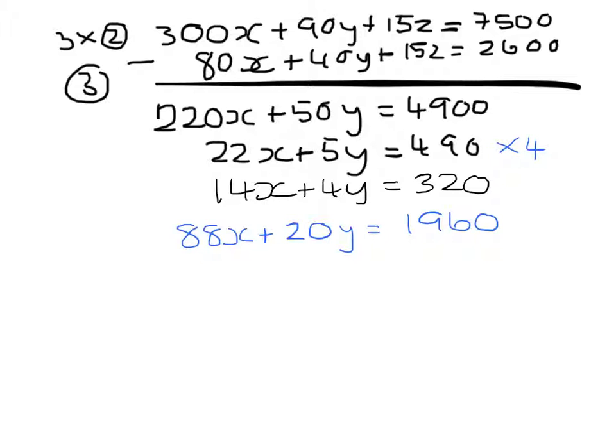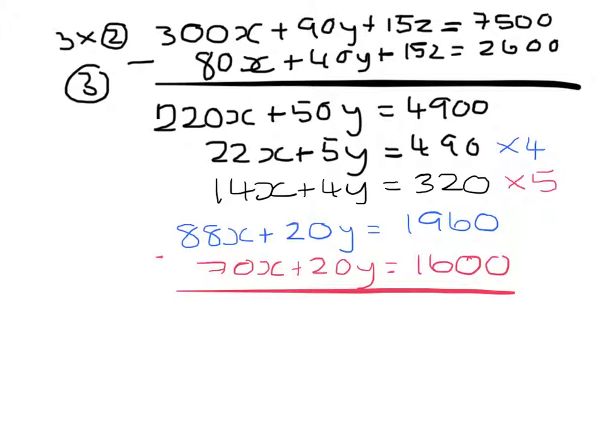And I'm going to multiply my second equation by 5: 70x plus 20y equals 1600. If I subtract those, I get that 18x equals 360, which means that x must equal 20.